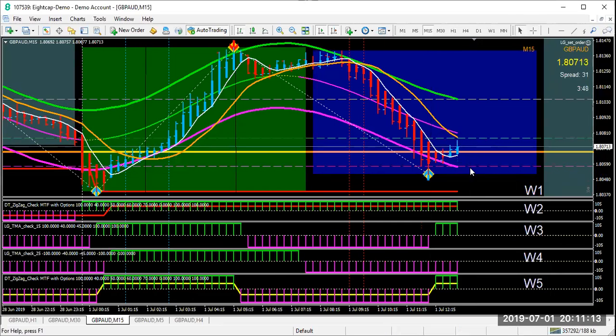The distance between the pink stop line and the green limit line is 20 pips, because each of them is 10 pips away from the reversal line. So if price wants to keep going down, it needs to go up first.